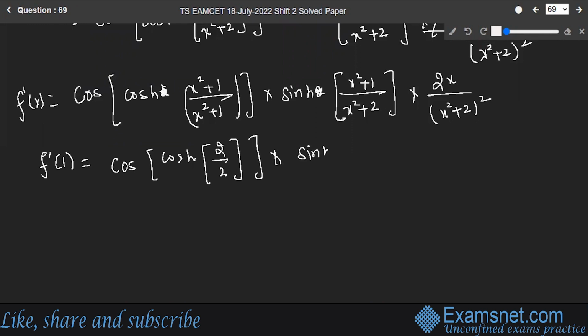Multiply sinh. So 2 upon 3 multiply 2 upon 3 square. It was 2, so it's got to be 3. All right, so this is 2 by 9.